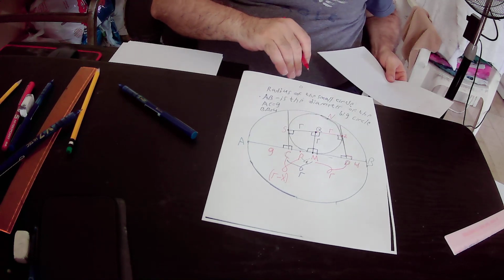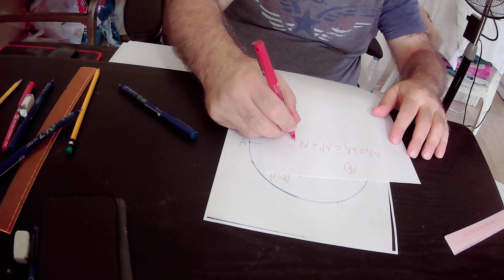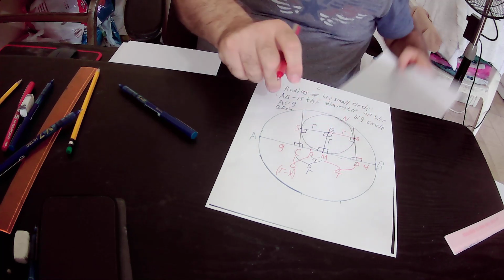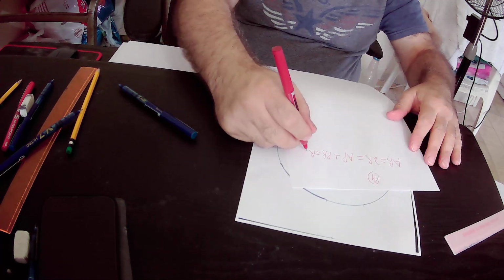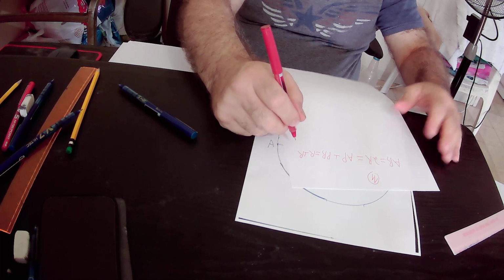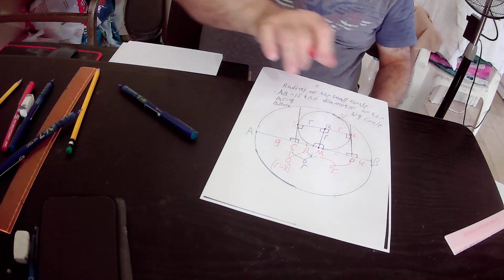AP equals capital R, and PB equals capital R also.